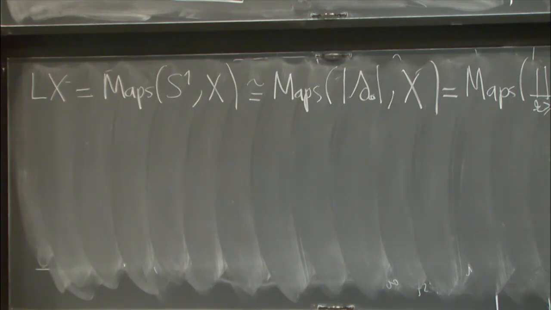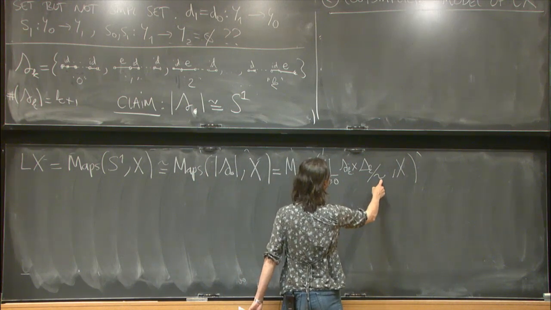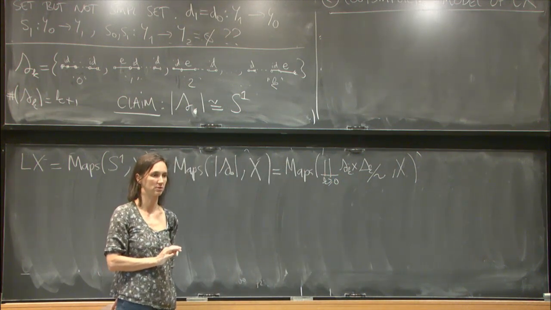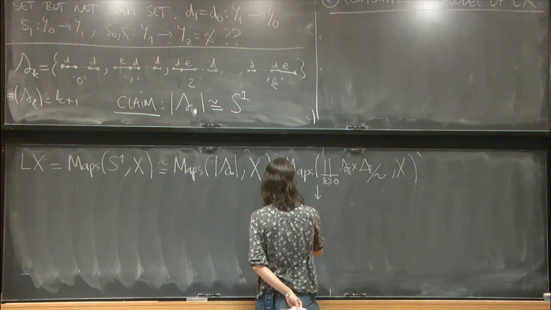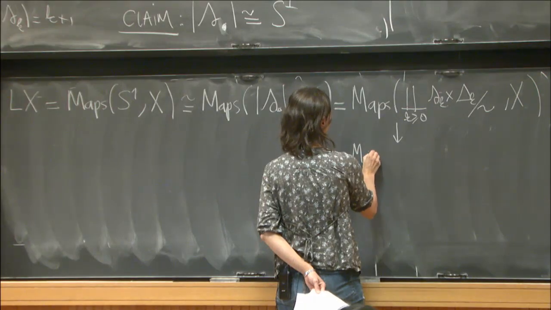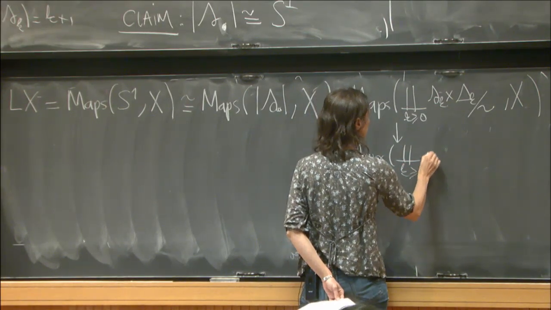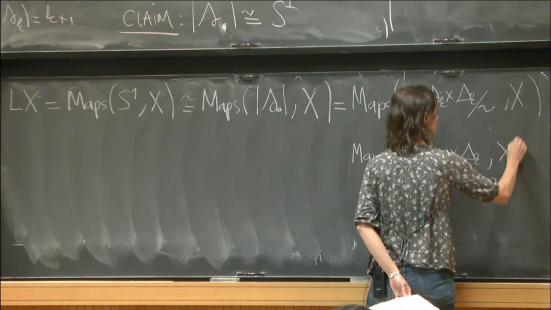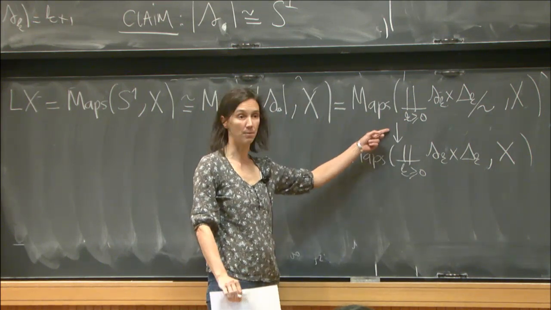Now I'll do one thing. I'll say, well, this is a little bit annoying. It was a bit complicated, these equivalence relations. Let's forget about them for a minute. Okay? I can forget about them. That means I'm going to look at maps from the disjoint union over k greater or equal to 0 of sk cross delta k into X. These two things are not the same, but there's a map.